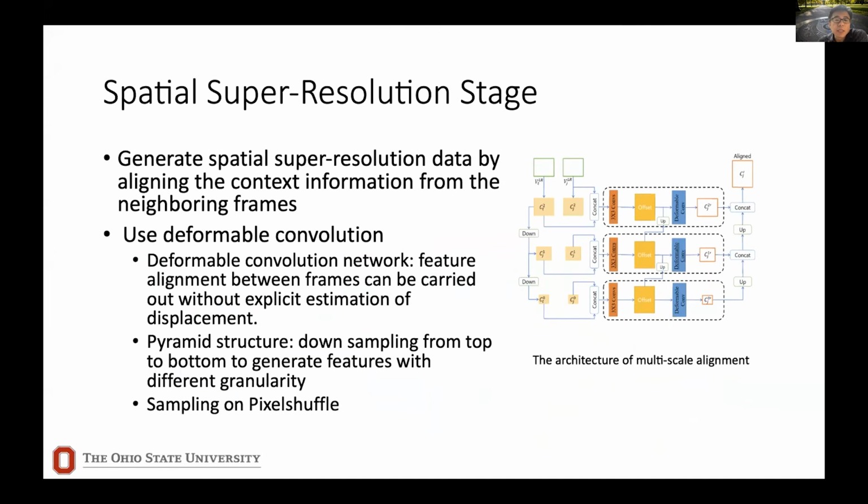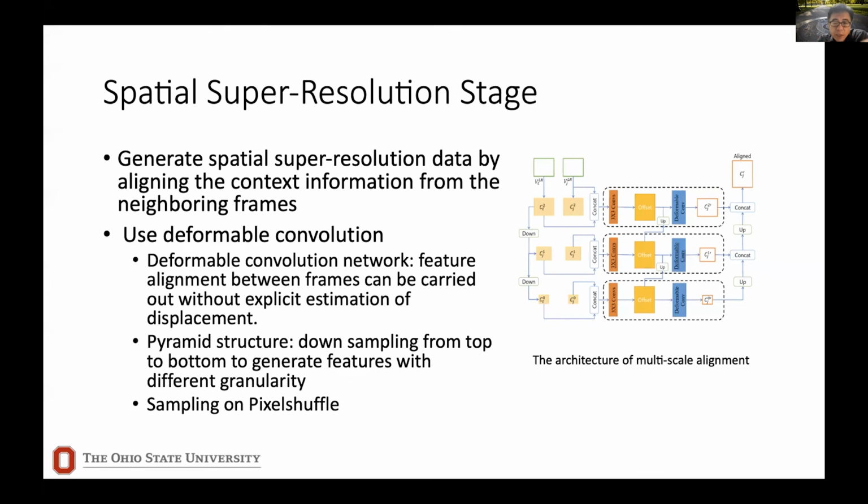Now, there's a lot of detail here, but I want to give you a high level concept. The important concept I want to introduce is we don't just upsample every single time step without looking at the neighboring time steps. There are plenty of works that can do super resolution from low to high res.